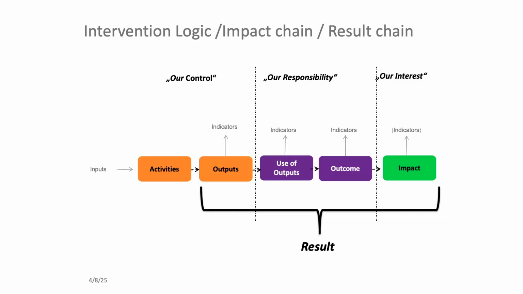So when talking about impact, it's helpful and necessary to clarify how you understand it and how the other person with whom you are discussing understands it. For the output and outcome level, you will have to define indicators.